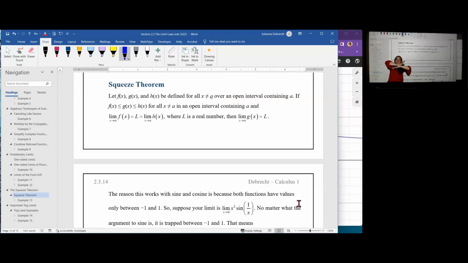We're going to this number right here. Then the one that's between them also has to go to that number. The limit of g of x as x approaches A must be L.